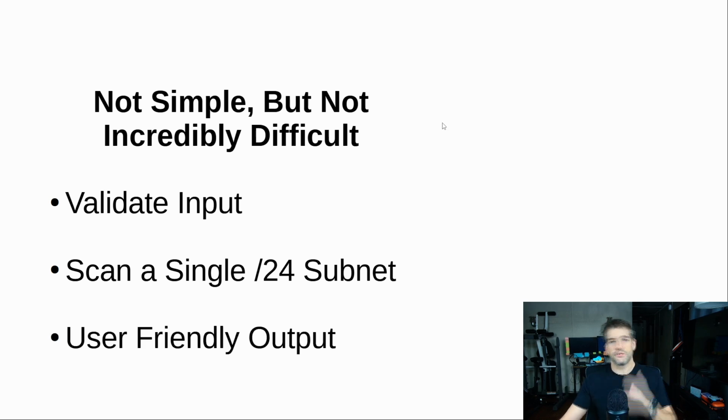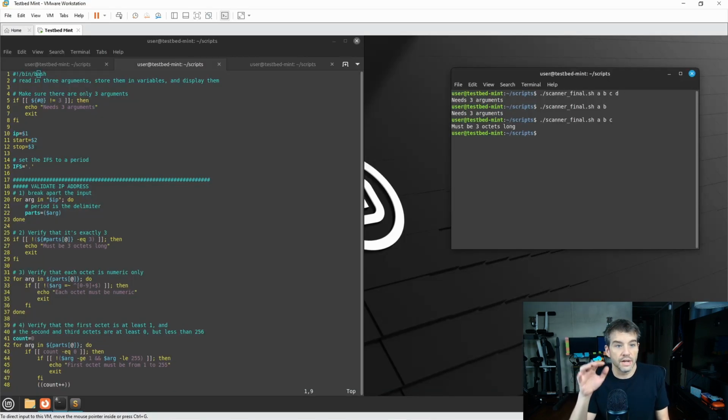And also, we're going to provide user-friendly output, such as letting them know what went wrong, and letting them know the results of the scan. Is the host up? Is the host down? That sort of thing. You don't just get the results of ping, which is a tool that we use in this script. So what we see here is the script itself, and I'm going to go over all of this.